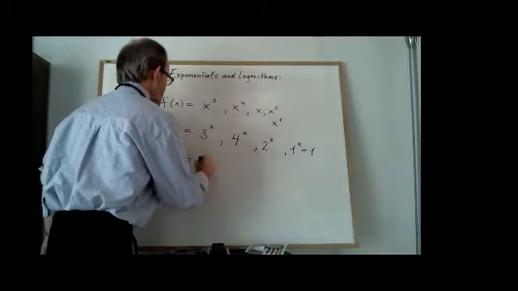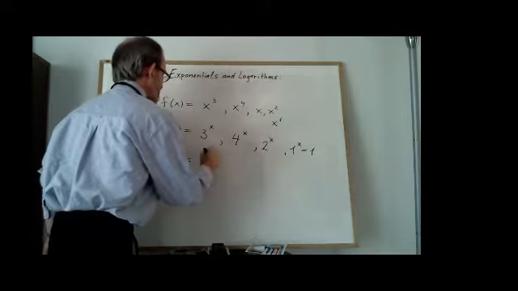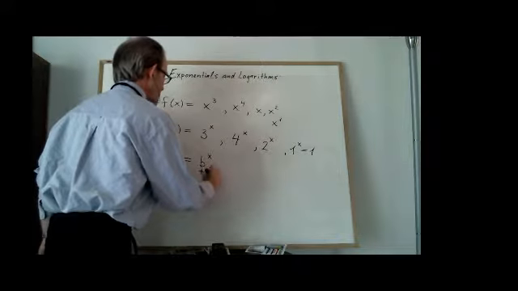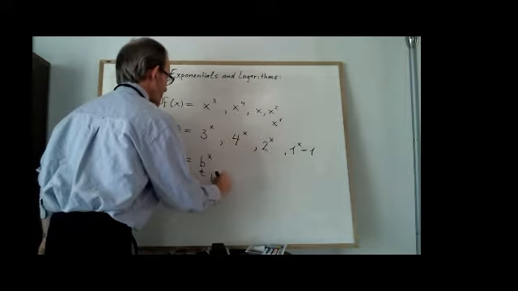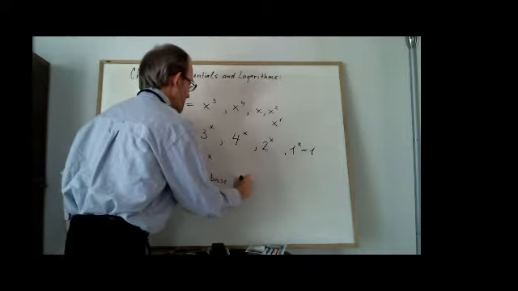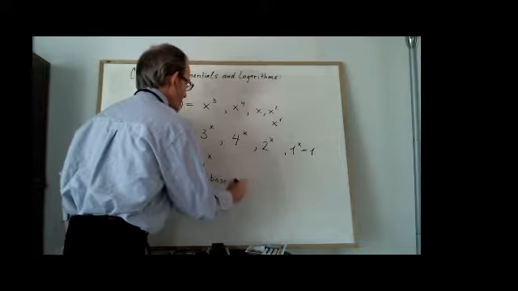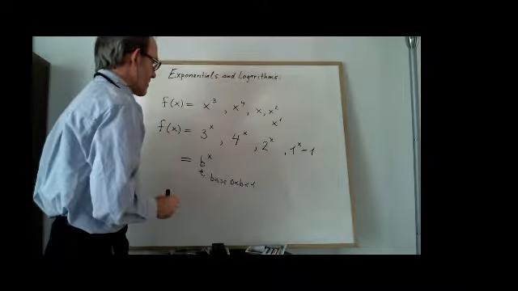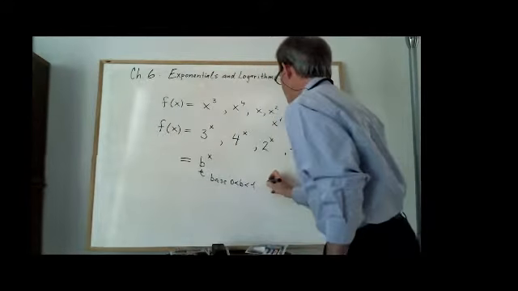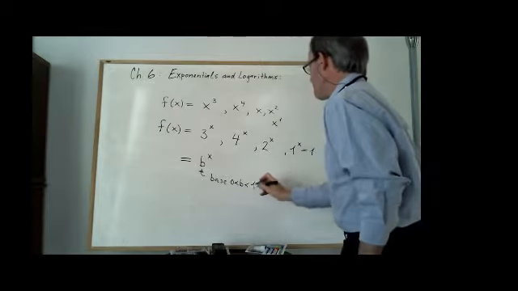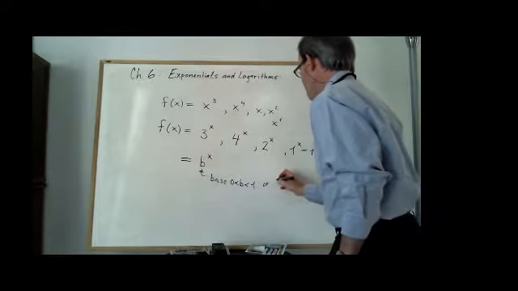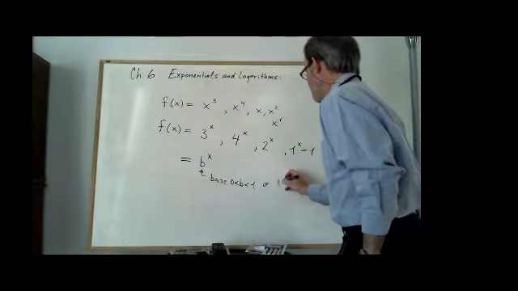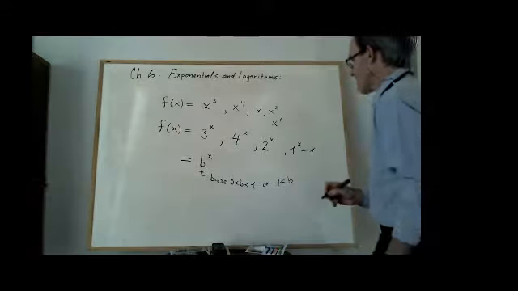Okay, so the general case is b to the power x. The b is called the base. And the base is usually taken to be positive and not equal to 1. So that means either b is between 0 and 1, not including either end, or b is greater than 1, strictly.